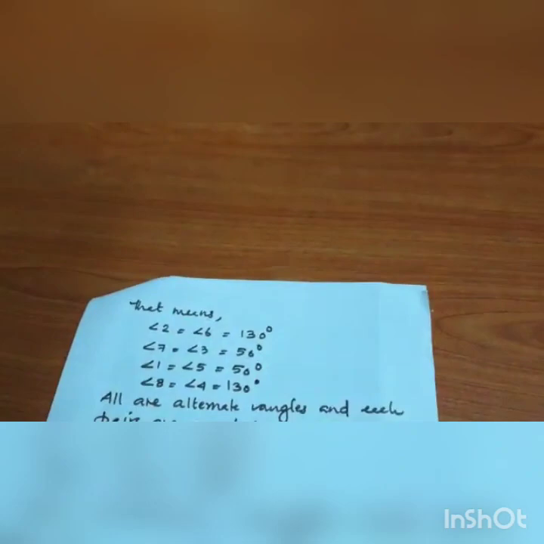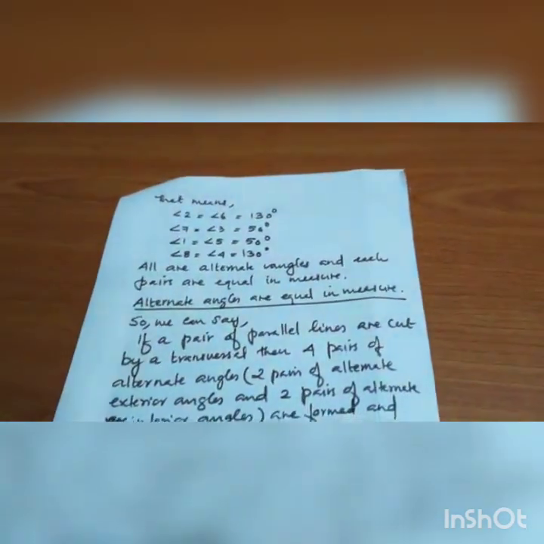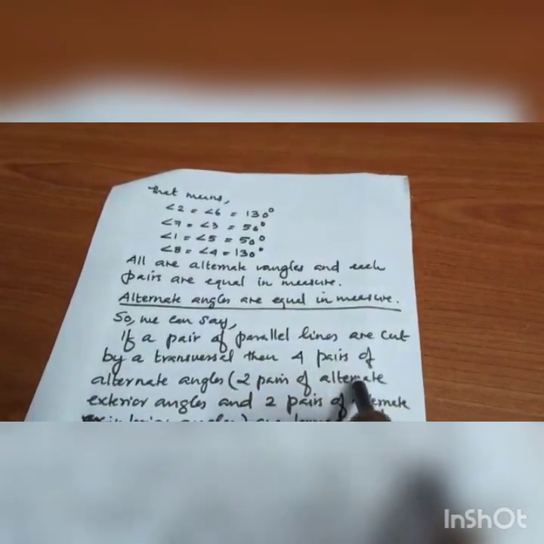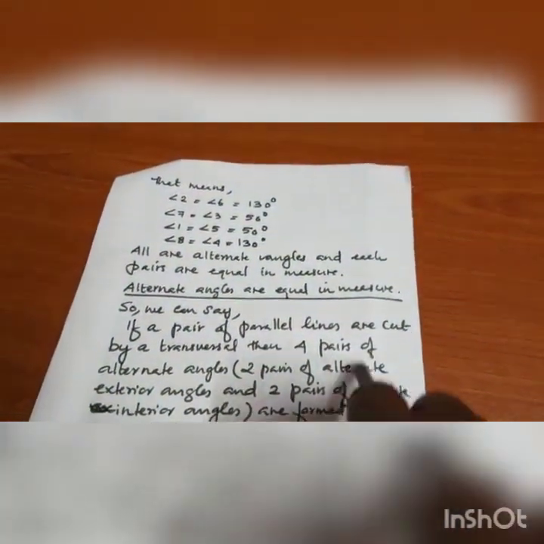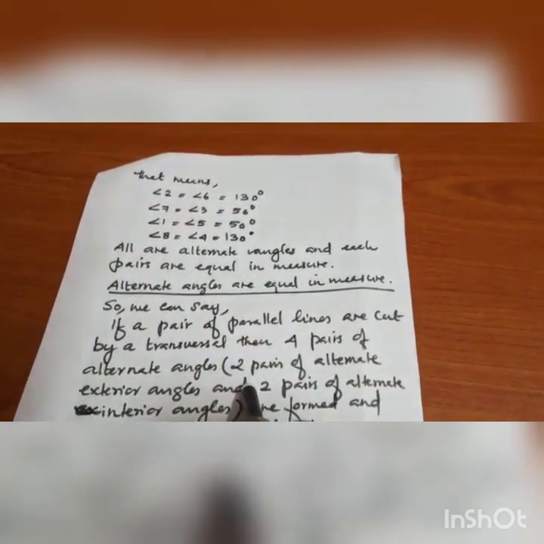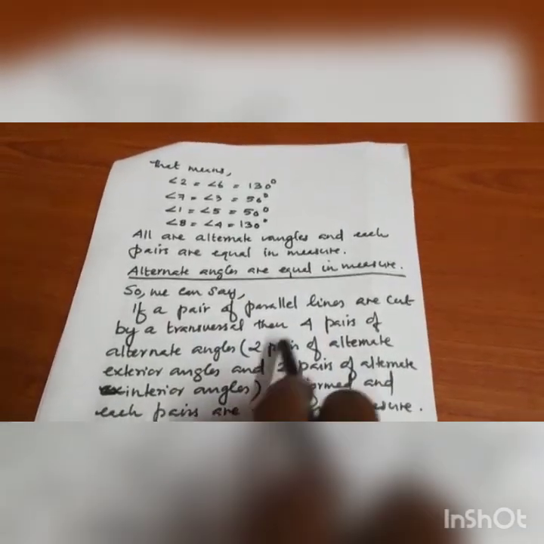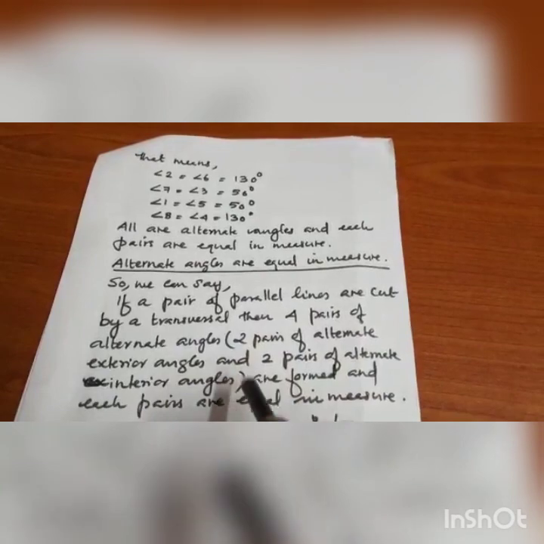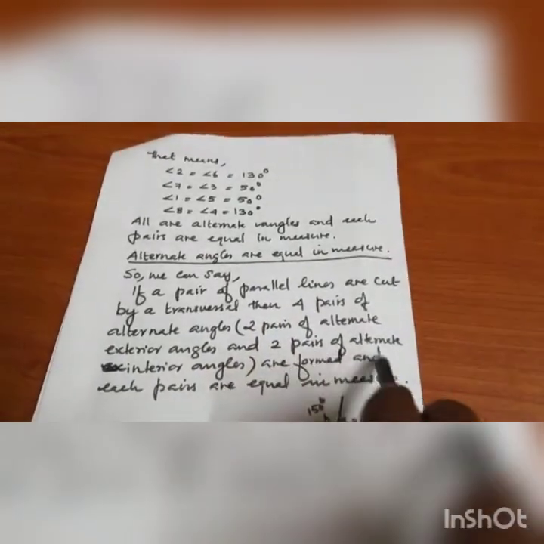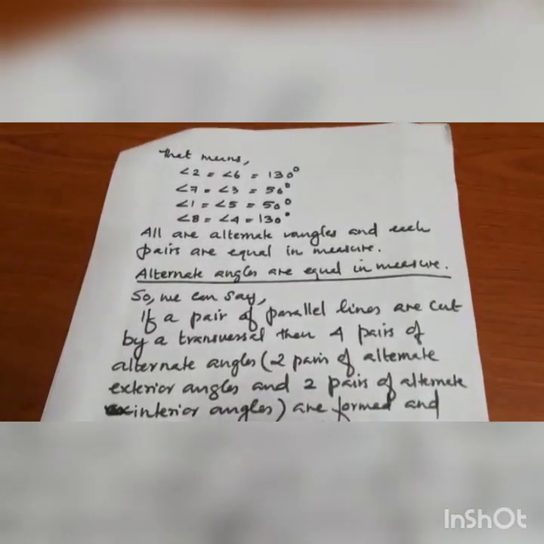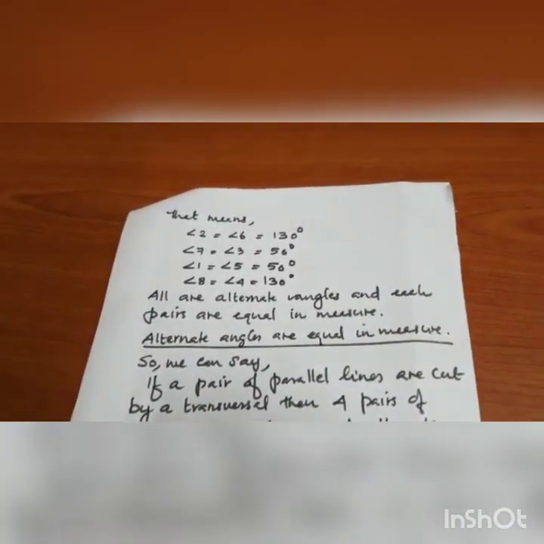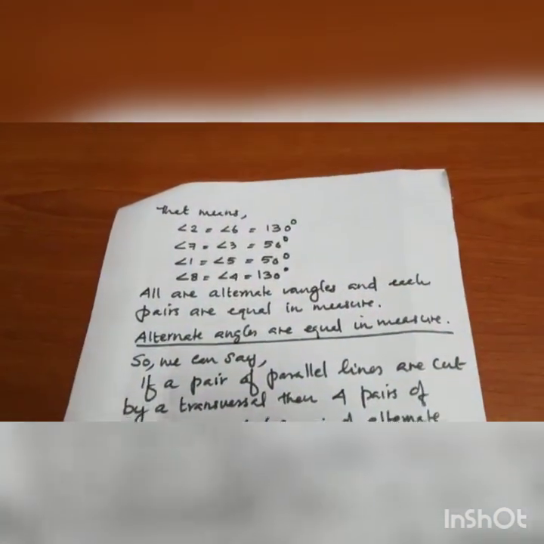So, finally, we can say that if a pair of parallel lines are cut by a transversal, 4 pairs of alternate angles, 2 pairs of alternate exterior and 2 pairs of alternate interior, are formed and each pair is equal in measure. That is the second type of angle: alternate angles.